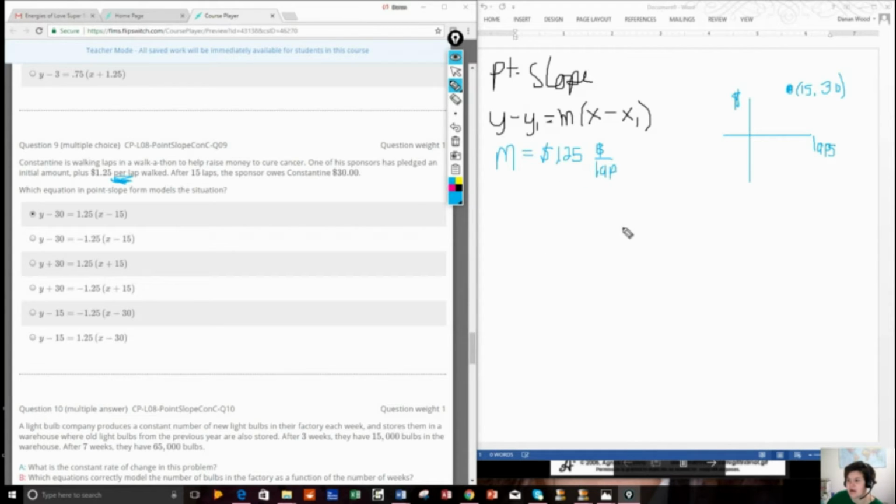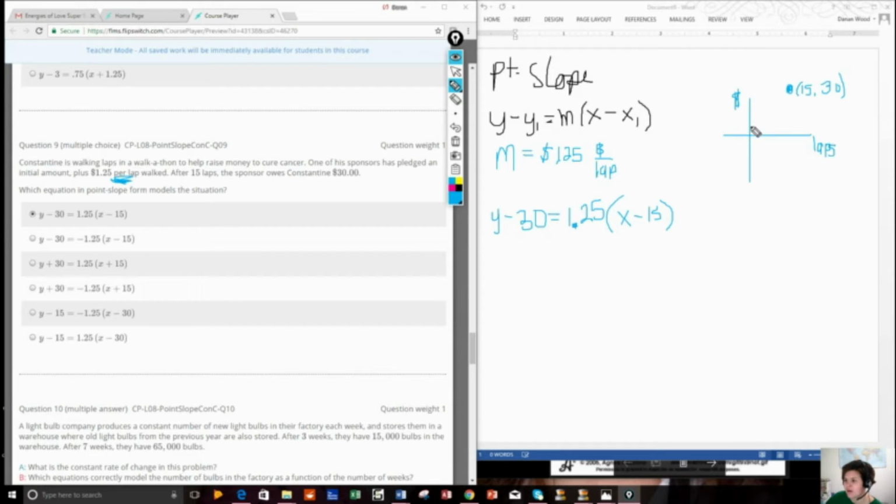Now let's write our equation. We have y minus y1, which is 30, equal to m, our slope, which is 1.25, times x minus x1, which is 15. Let me rephrase what I said about dollars.